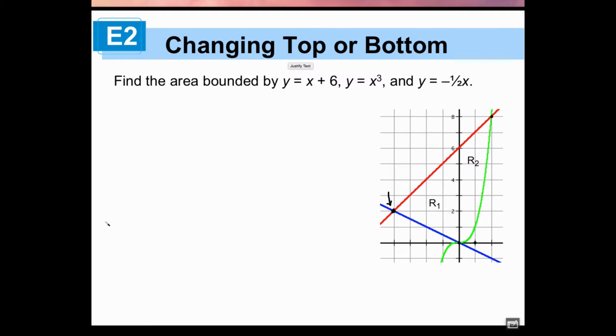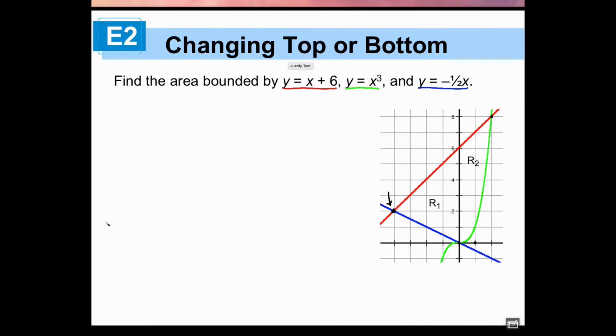Which one's the red function? X plus 6. Good. Which one's the blue function? Negative x. And then by process of elimination, that's the green function. Okay. Now that we've established that, where does the red function and the blue function intersect?